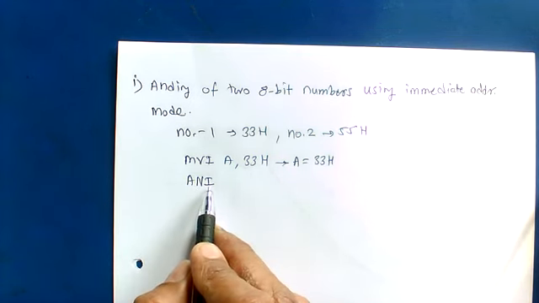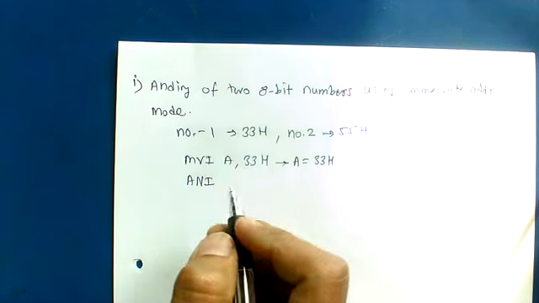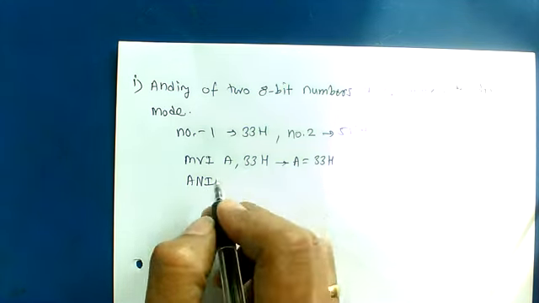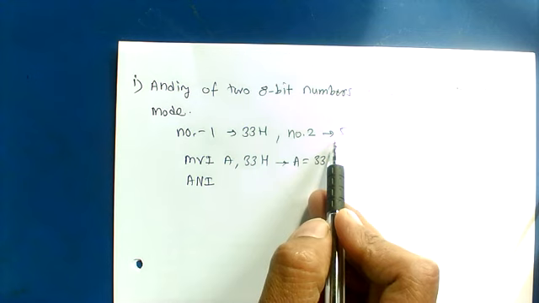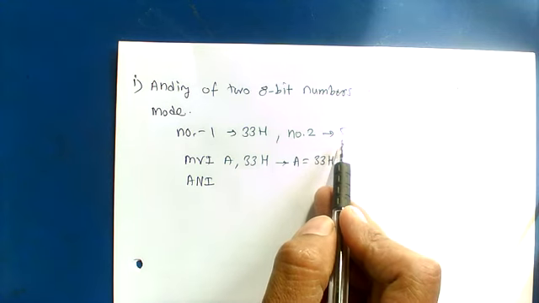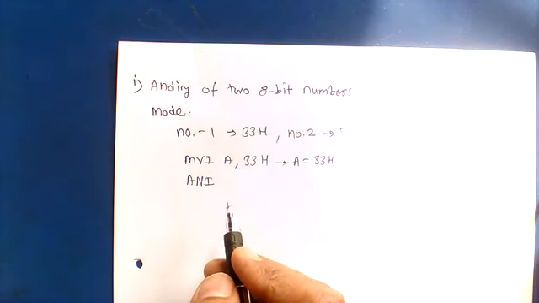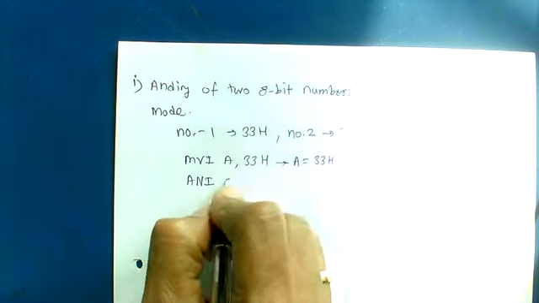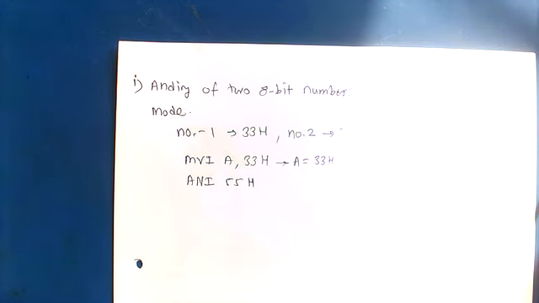The next instruction is ANI, immediate ANDing with the accumulator content. So AND immediately 55 hex with the accumulator content. ANI 55 hex.